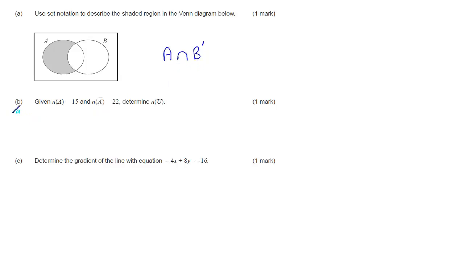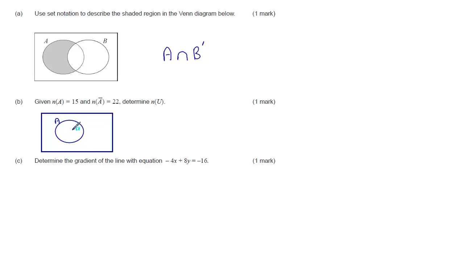Now for part B. We're told the number of elements in set A is 15. The number of elements not in A is 22. We want the number in the universal set. Now just consider the set A here.